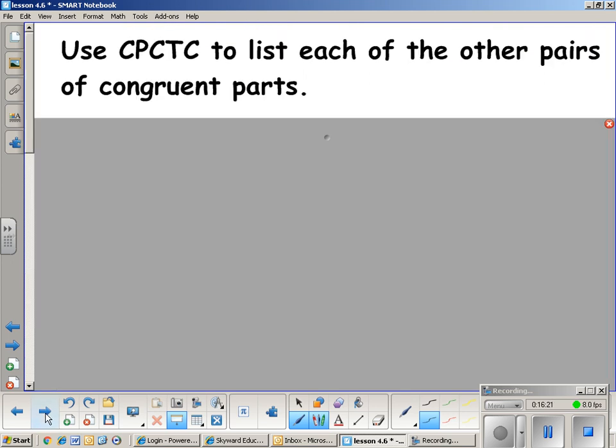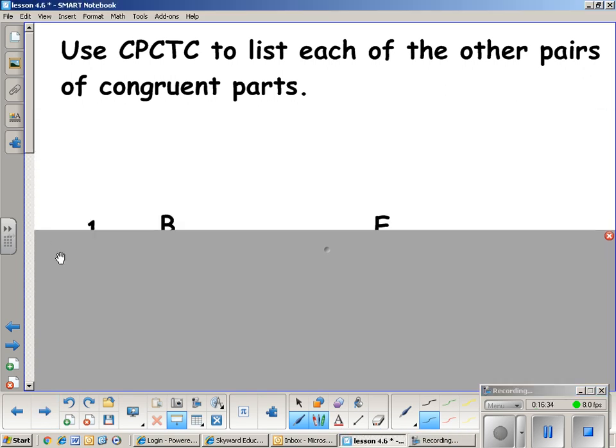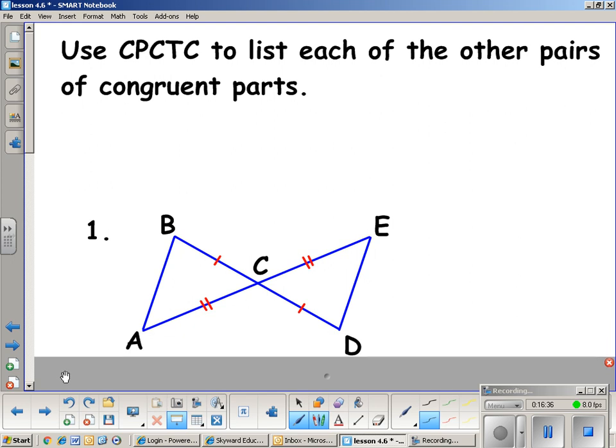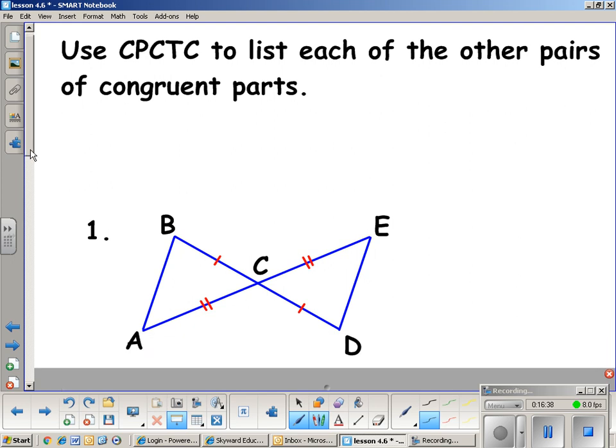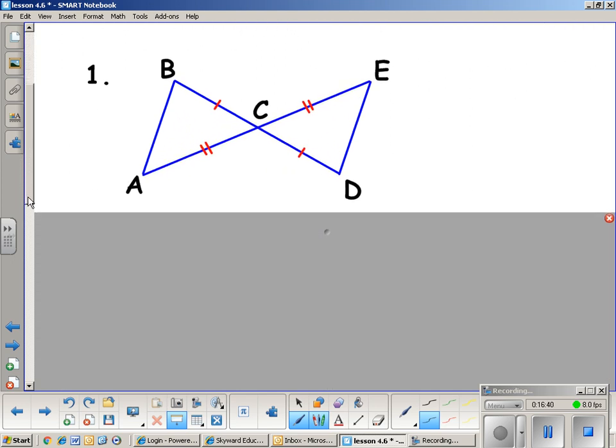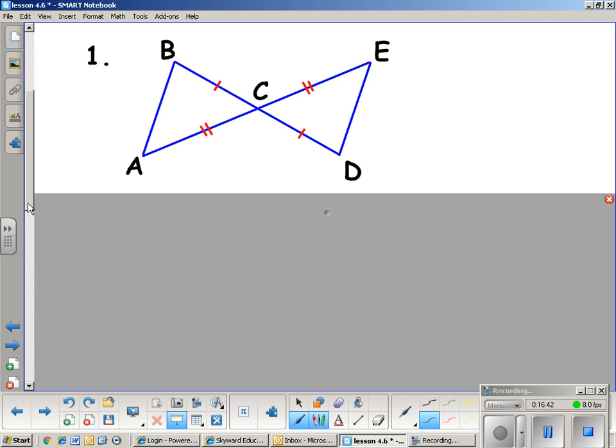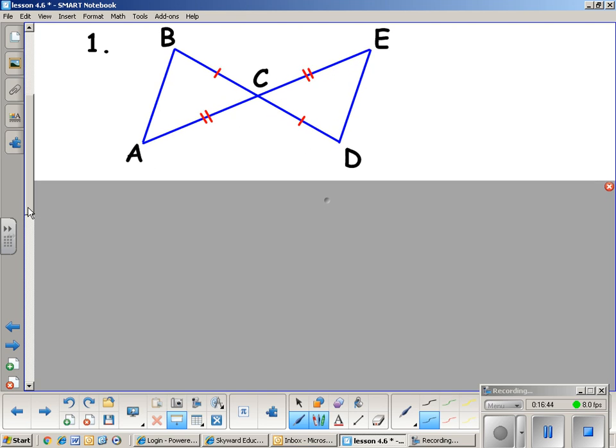Use CPCTC to list each of the other pairs of congruent parts. So does this picture look familiar? What did we say this was congruent by? Side angle side.